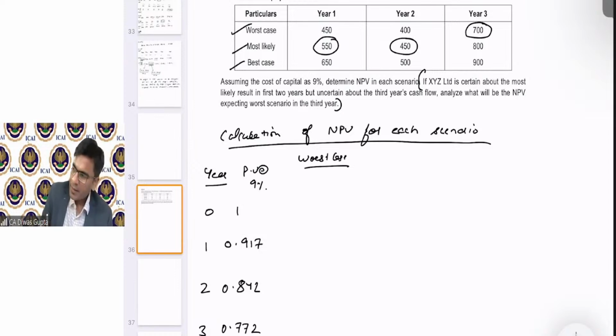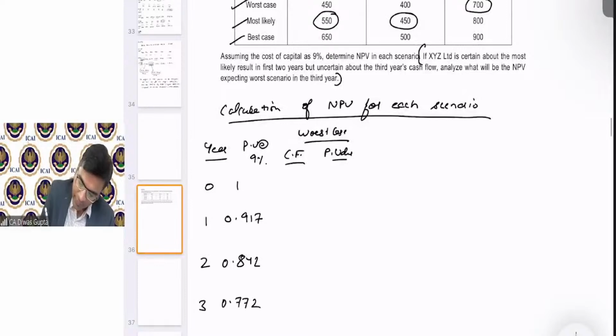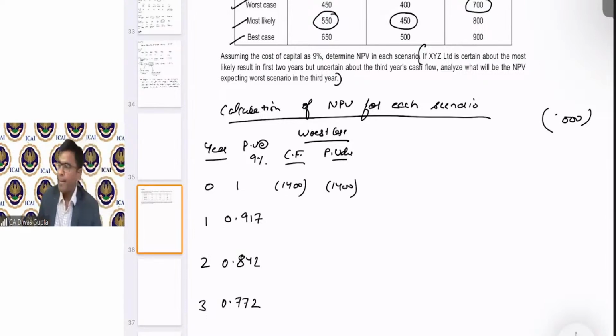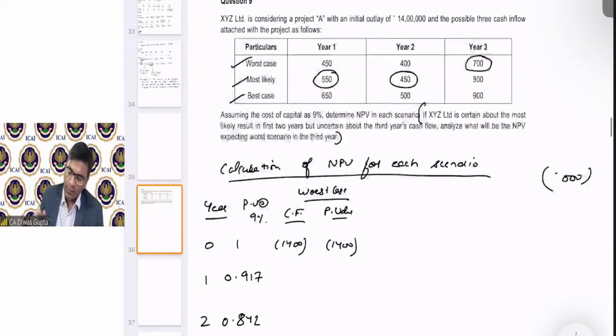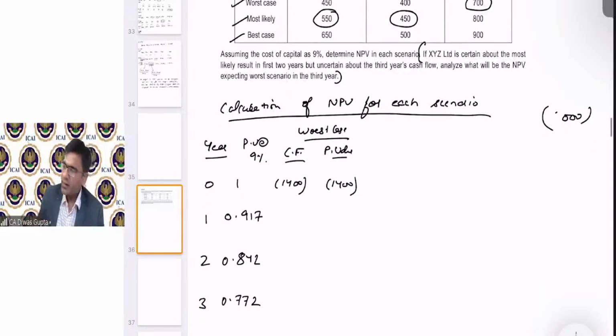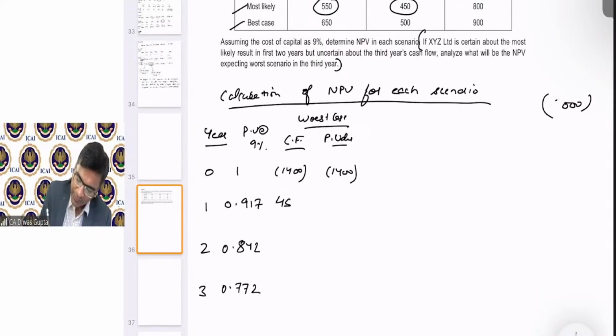Then comes the worst case. Worst case is given first. So the cash flow and present value, right? The cash flow is how much? First year it is 14 lakh negative, right? So we can put the numbers in thousands here. 1400 negative. So the present value will also be 1400 negative. Okay. Then the next one is 450.